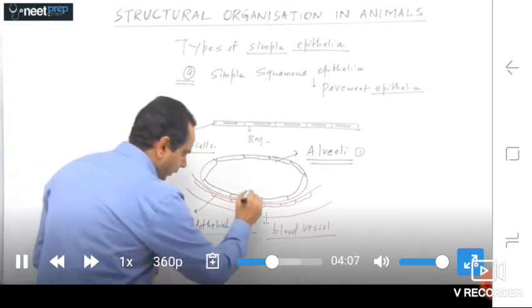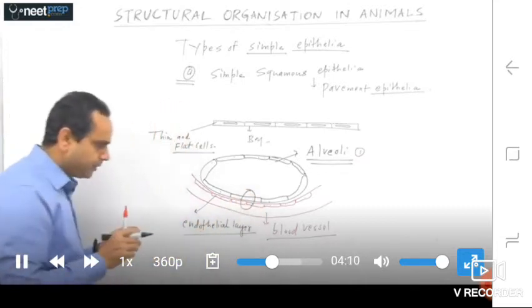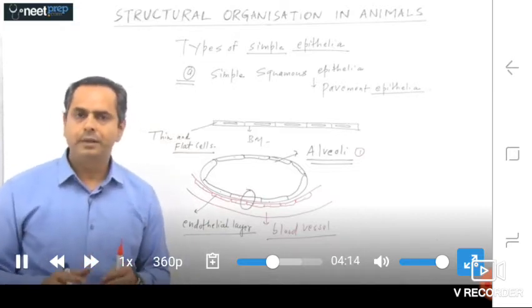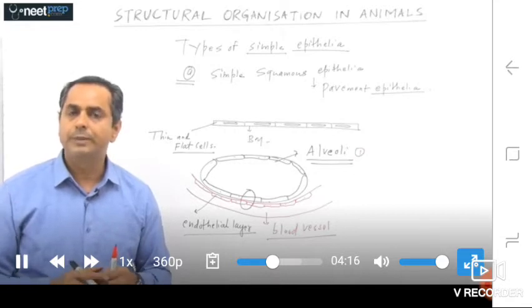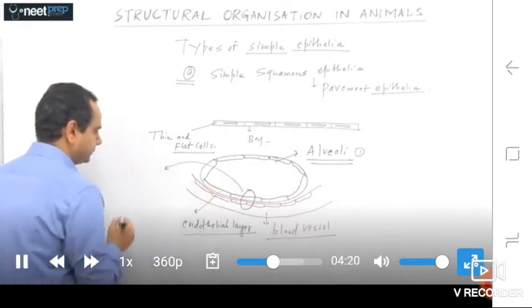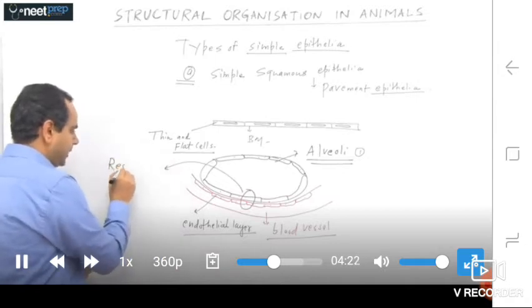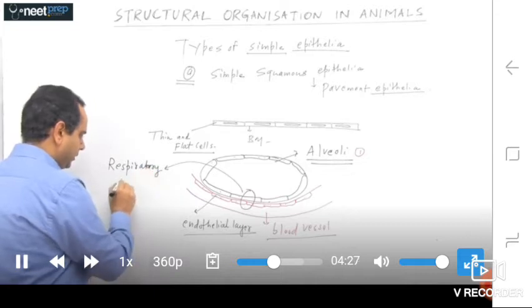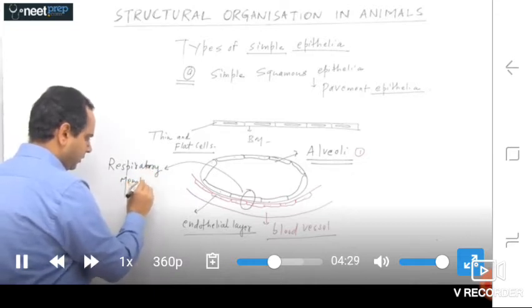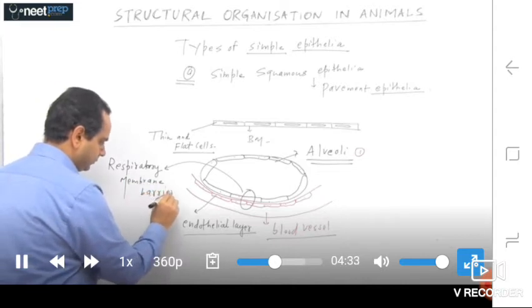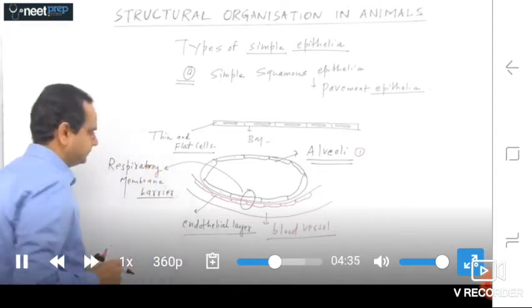Together, the simple squamous epithelia of alveoli and the simple squamous epithelia of blood vessel form a structure called the respiratory membrane barrier.